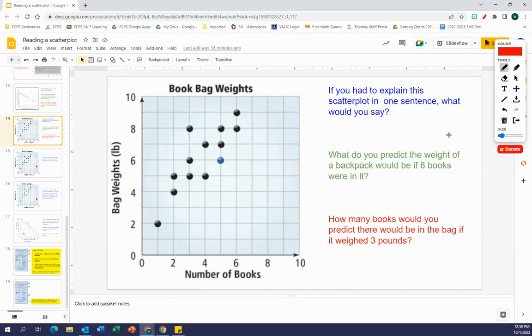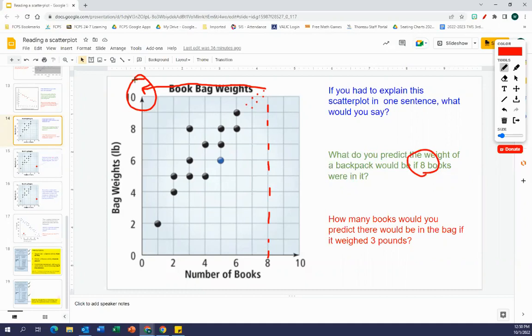Let's make a prediction. What would be the weight of my backpack if I was carrying 8 books? So we're going to go up, up, up, up, and then maybe extend this positive correlation. And I might say 11 pounds, 10 and a half pounds, 11.2 pounds.